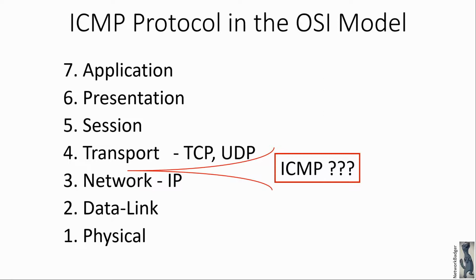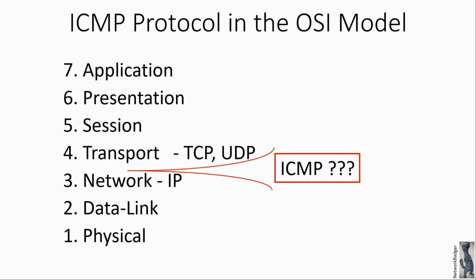But ICMP performs none of those functions, right? It does not determine any route. It has no addressing mechanism, and it actually relies on a layer 3 protocol to work. It will not work without the IP protocol.